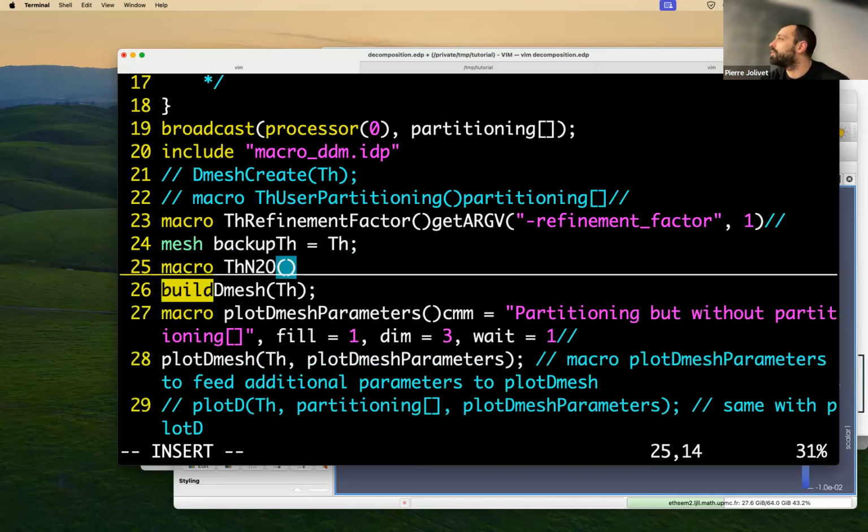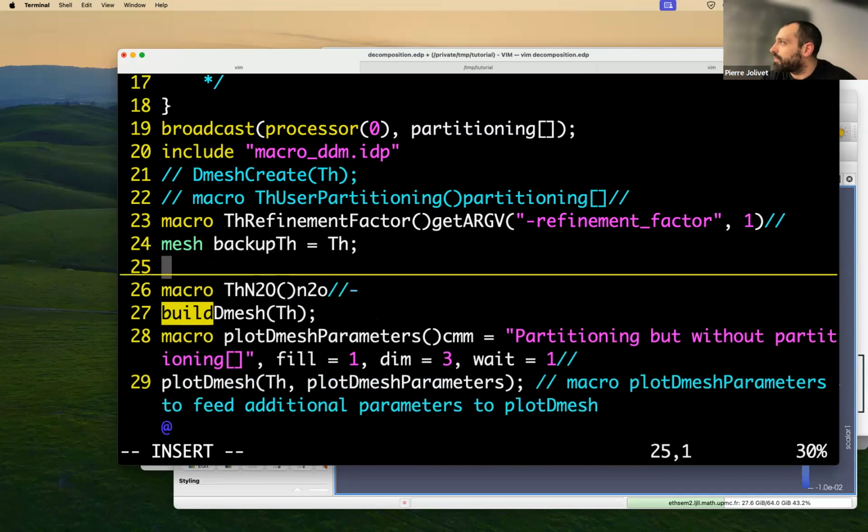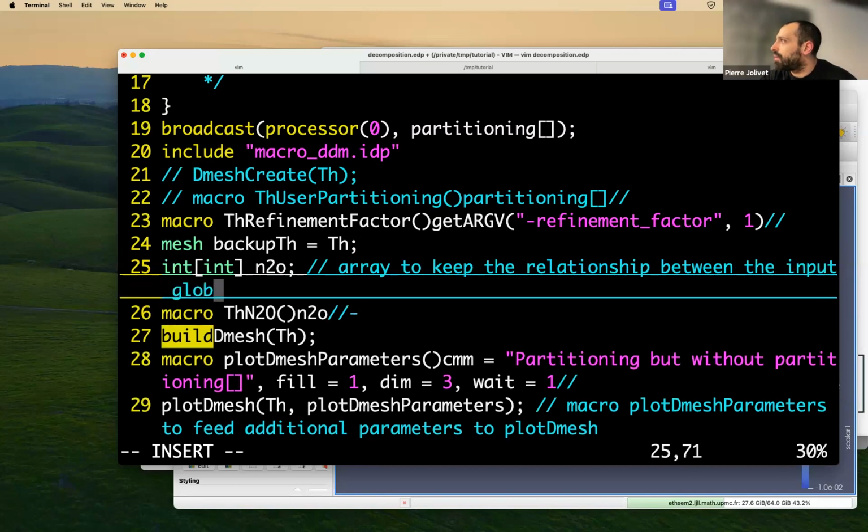And then we have to use an array. And so, for example, I will name it N2O. Okay, so this is an array to keep the relationship between the input global centralized mesh and the output local distributed meshes.